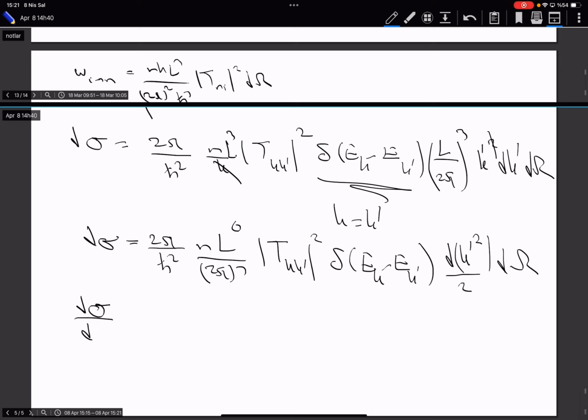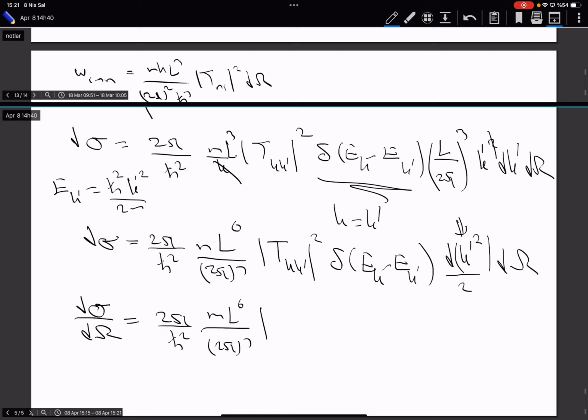d sigma by d omega will be, now E of k prime is h bar squared k prime squared over 2m. So instead of integrating over k prime squared, let me write this as 2m over h bar squared, d E_k prime over 2.